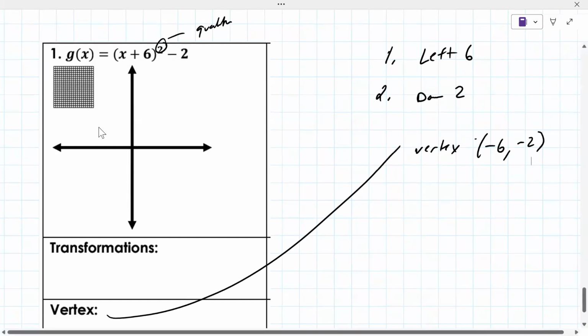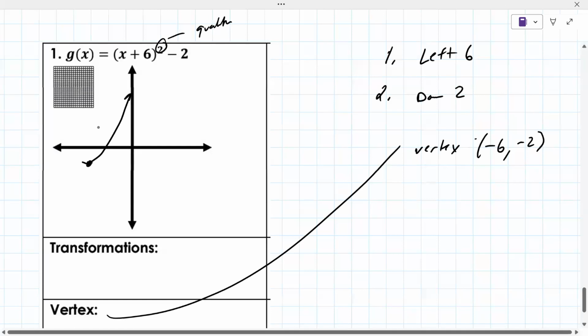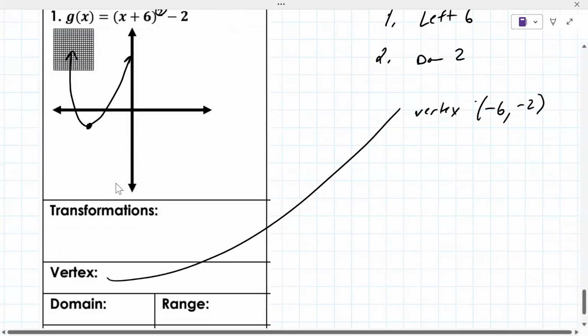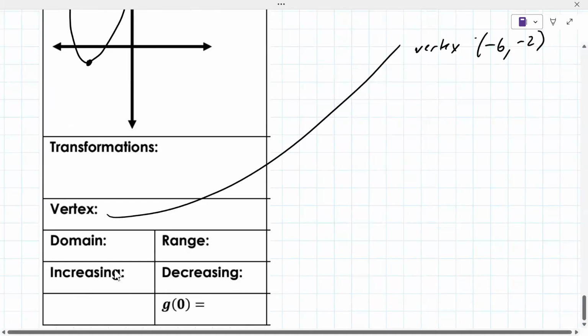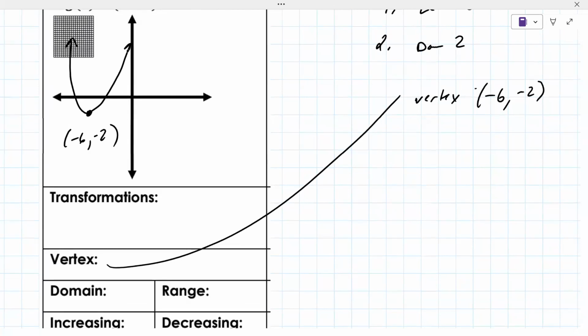Perfect. Okay. Now the reason that's important is that this graph's going to look a little different. It's called a U-shaped graph. You'll see that tomorrow in class. We don't have enough time to talk about it, but a lot of the stuff is the same. So increasing and decreasing is the same. If it's going up and to the right, it's increasing.